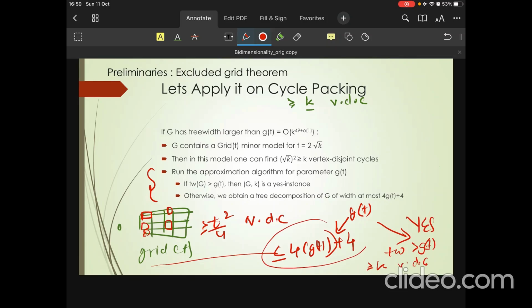So this is already a yes instance, and we can run a simple DP to find the cycles in this tree decomposition and give a yes or no answer accordingly.